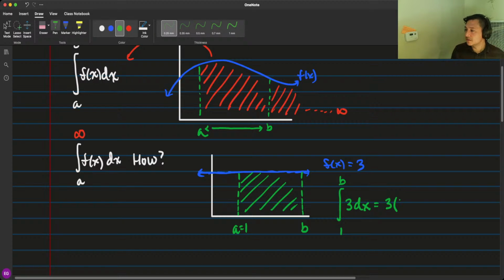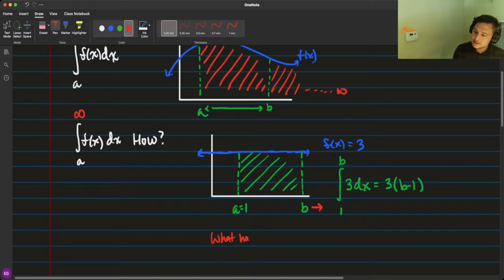Yeah, b minus 1, excellent. Okay, now you can imagine that this formula works. If you just keep on making b bigger and bigger, you just plug in whatever your b value is. So if b was 1,000, you would get 3 times 1,000 minus 1.